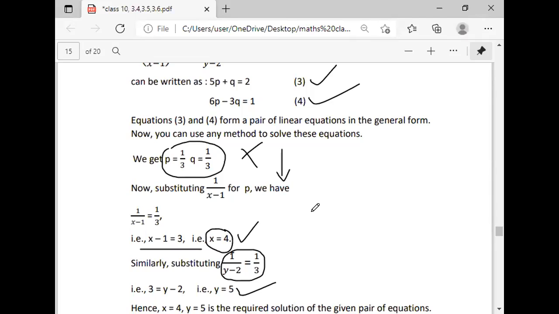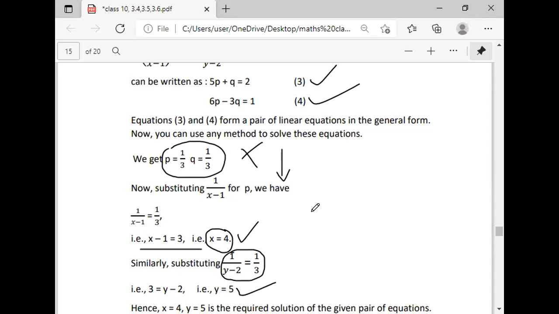I mean next chapter. And regarding your syllabus, for your first term you have 7 units. The first unit, number systems, we have already completed, and the second unit is algebra. 2 chapters are there, and this is the second chapter that we will be completing in the next class.